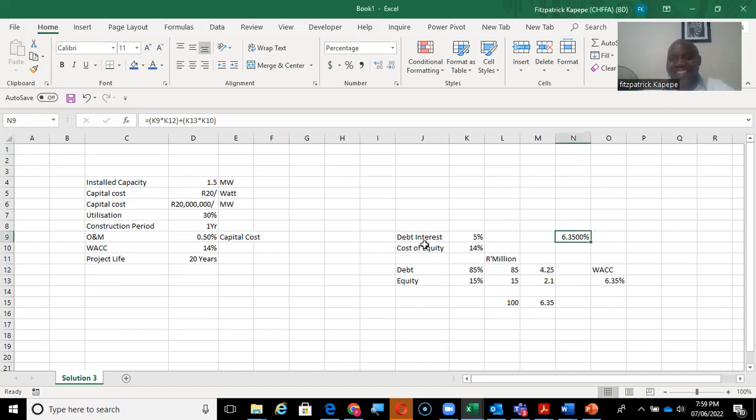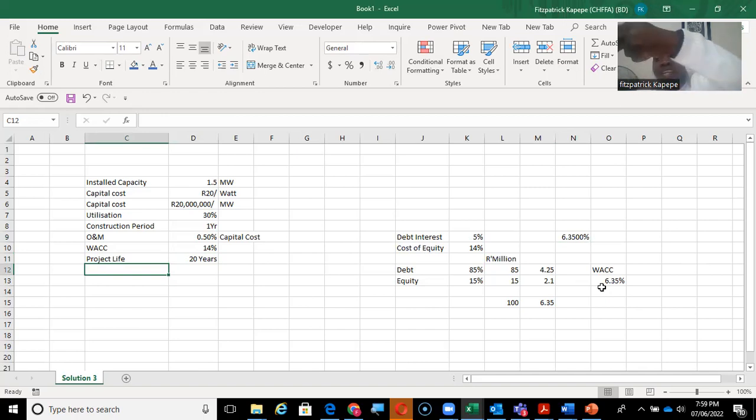Yes, okay, thank you. So this is the number that you're going to use to discount your future cash flows to today, because you're trying to make a decision now. Even the revenues, the cash flows that you're going to generate at the end of the 20th year, because you want to make a decision now, you have no luxury whatsoever in the decision-making.